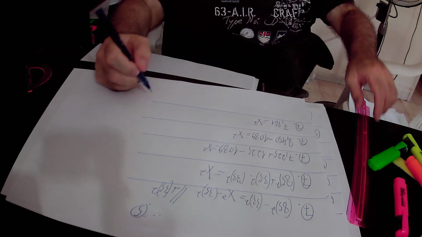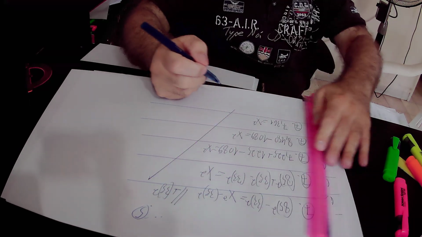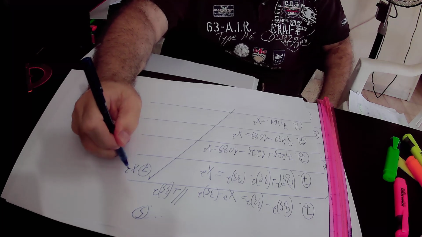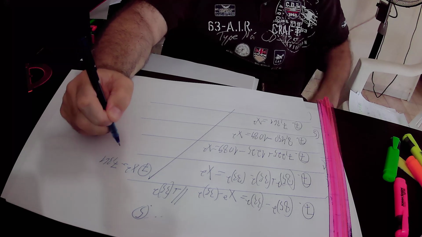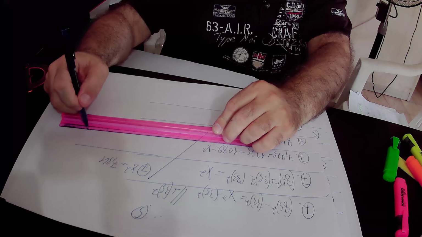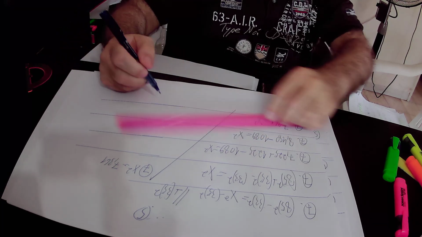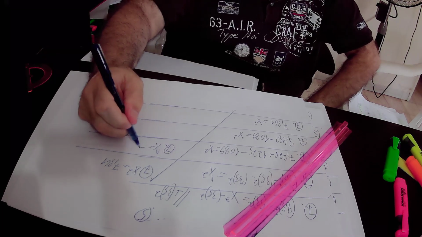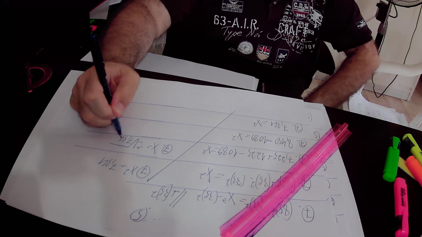So according to equation number 7, we found out that x squared equals 7,361. Here we take a root of this equation, and we get x equals plus or minus the square root of 7,361.